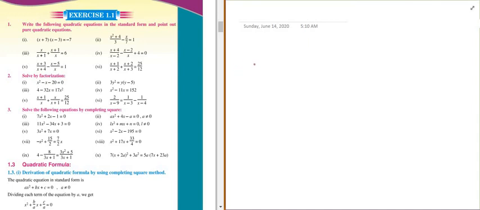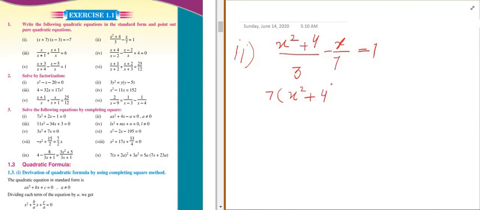Okay. Part B. x square plus 4 divided by 3 minus x by 7 equals to 1. Now first reduce this equation to a quadratic form, then we decide whether it is pure or not. Take LCM on both sides, we get 7 x square plus 4 minus 3x equals to 21.